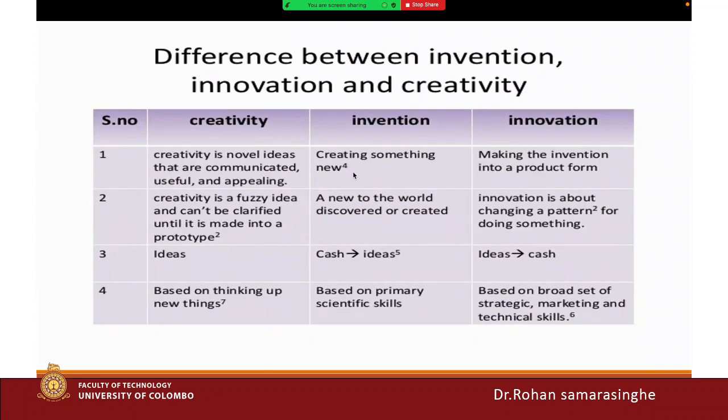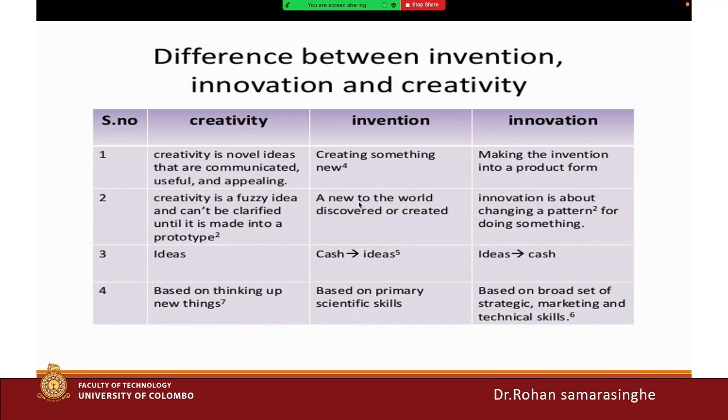In invention, there is no discussion about whether it is commercially viable or not, just creating something new. And innovation is making the invention into product form. It must have the product form and can be commercialized. Once again, creativity is a fuzzy idea and can't be clarified until it's made into a prototype.